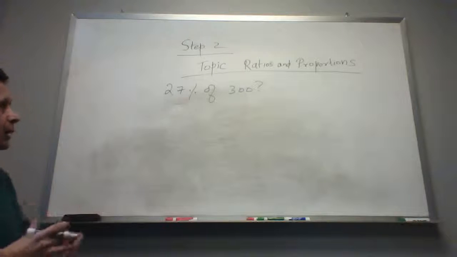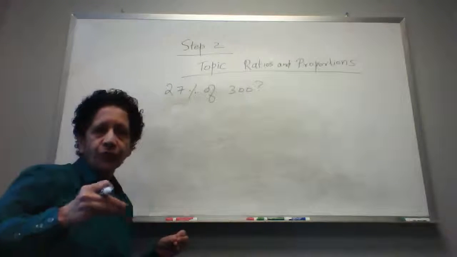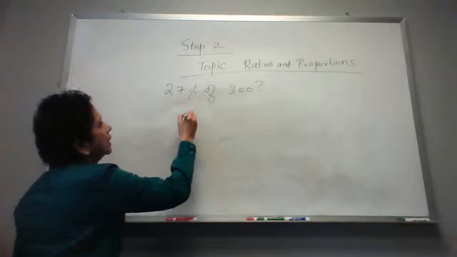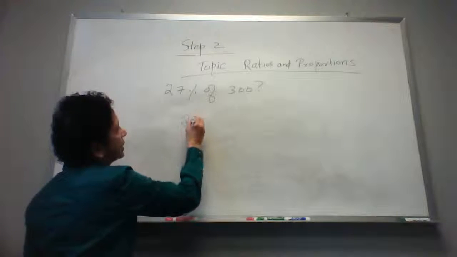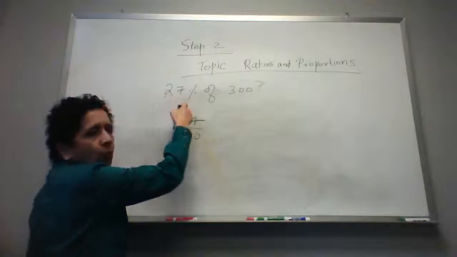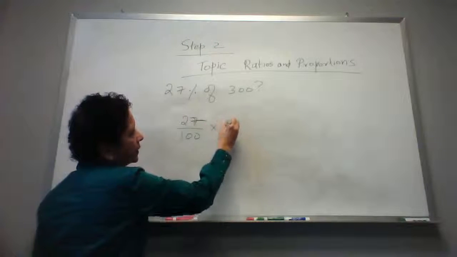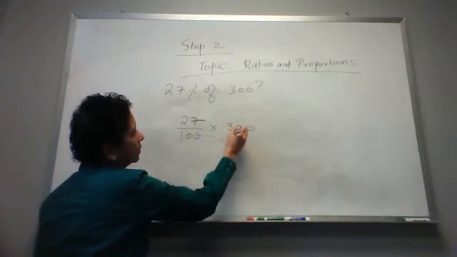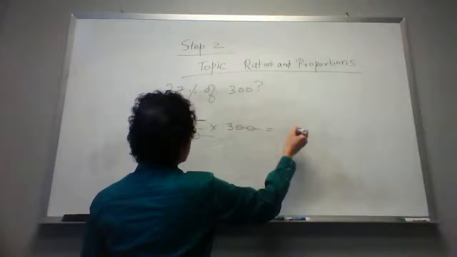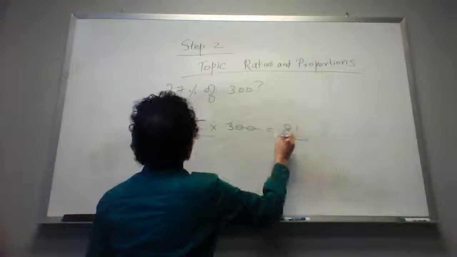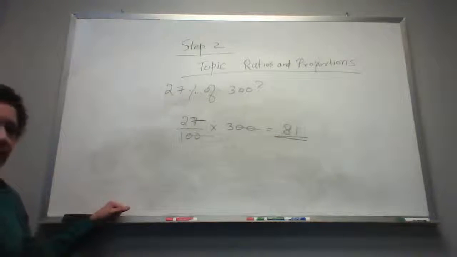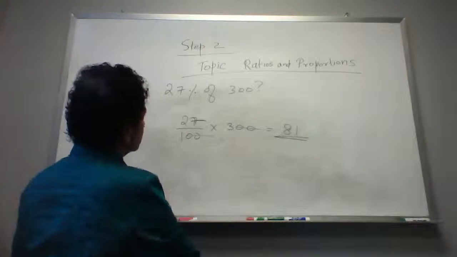I'm going to tell you a couple ways. 27% of 300, we talked about that in the previous session. 27% means 27 over 100, so 27 over 100 of 300. You can do it that way, and the common factor cancels, so 81. That's the answer, 27% of 300. That's one way of doing that.